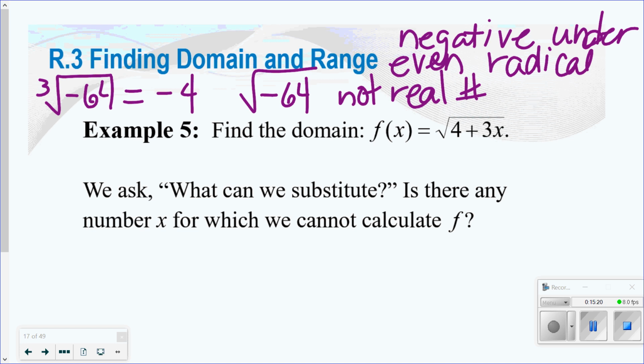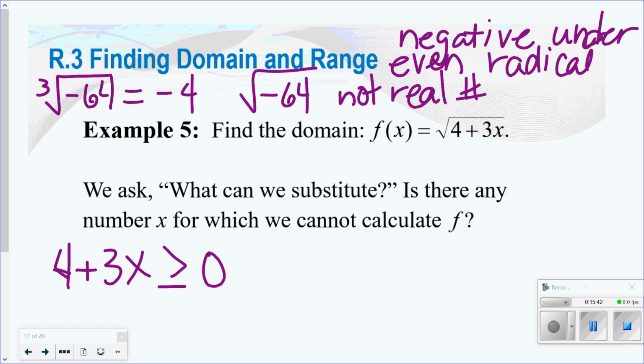So in order to solve for this, what we're going to do is take the 4 plus 3x, and I want that to stay greater than or equal to 0. It could be 0, because I can take the square root of 0, but I can't let it get smaller than 0.